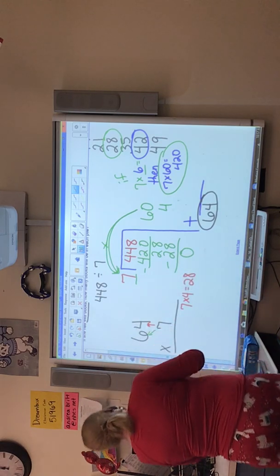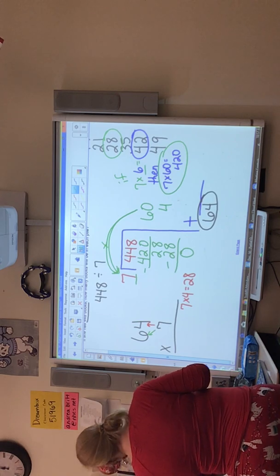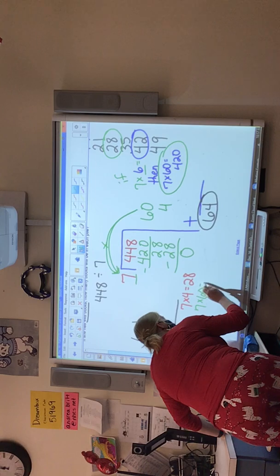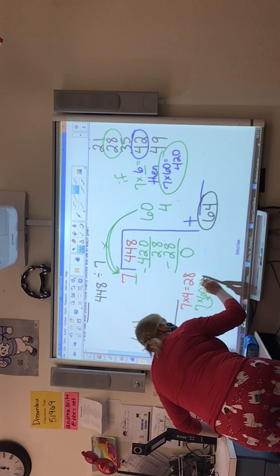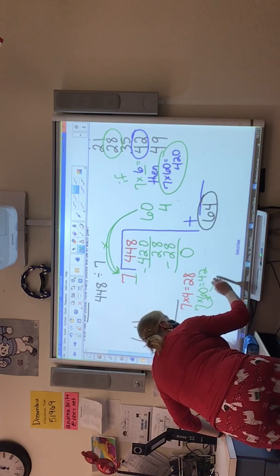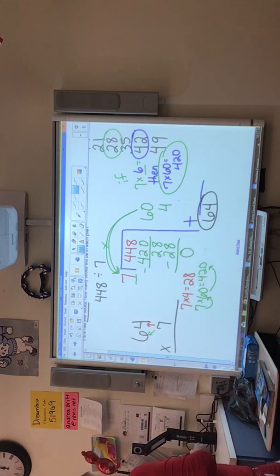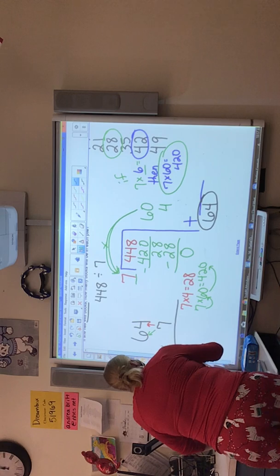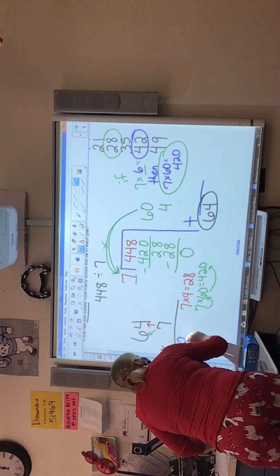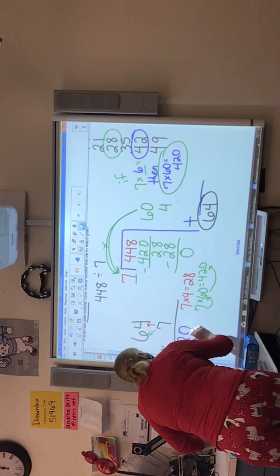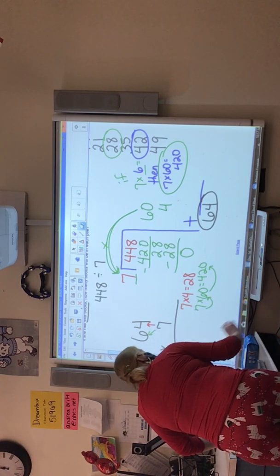What is this? 7 times what? 7 times 60. If 7 times 6 is 42 and I bring over my 0, then 7 times 60 is 420. Love it. Stack and add. I didn't do it by place value because my 0 is not in the ones place. So let me fix that.